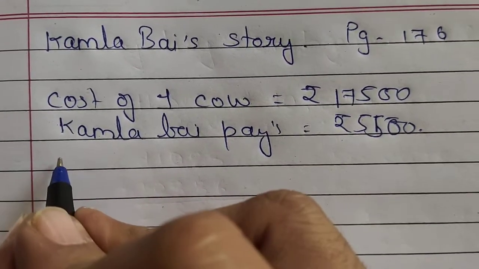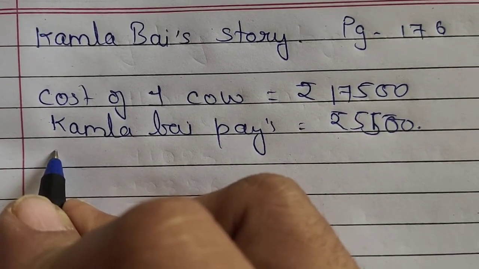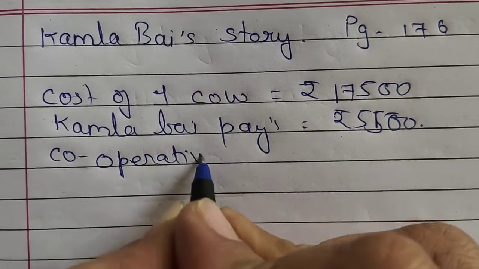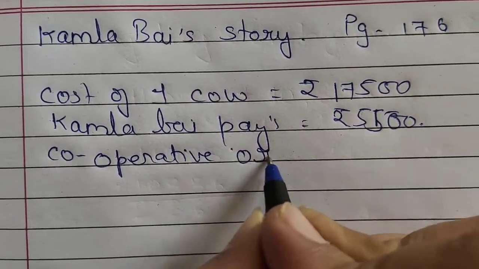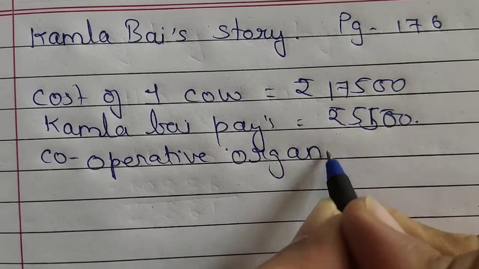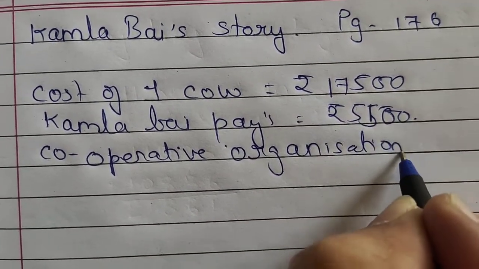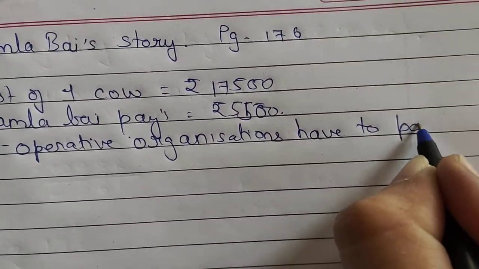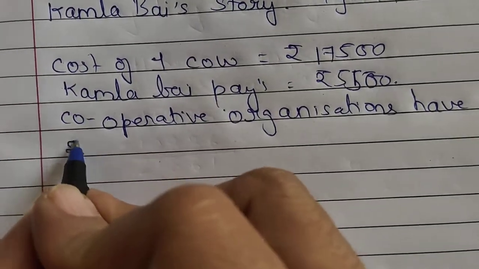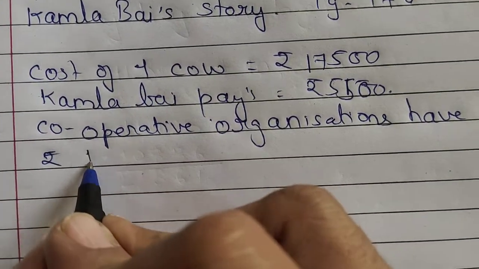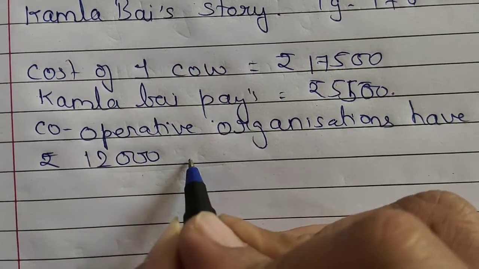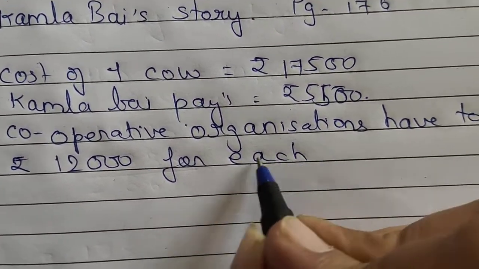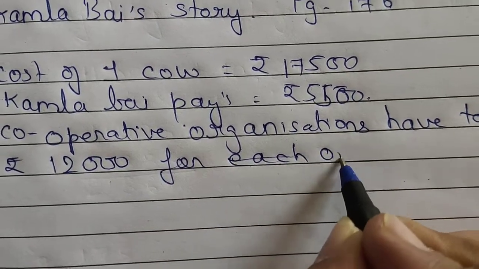Cooperative organization has to pay rupees 12,000 for each cow, or we can write for one cow.